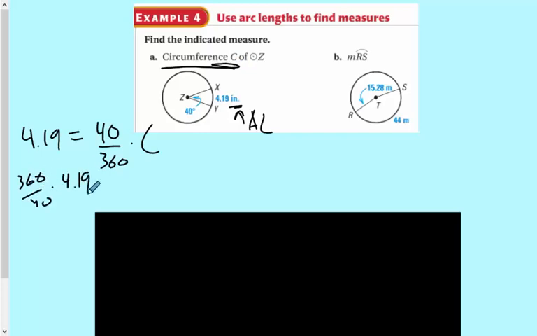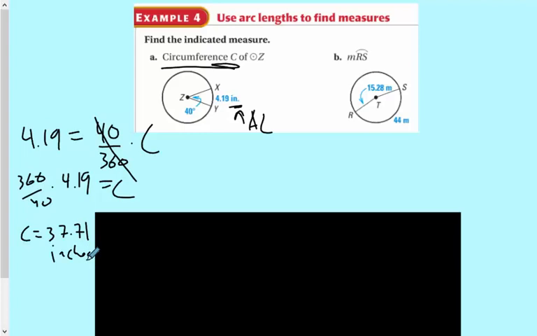That will get rid of that right there and leave me with C. So I'm going to do 360 divided by 40 times 4.19. And that leaves me with C equals 37.71. And the units are going to be in inches.